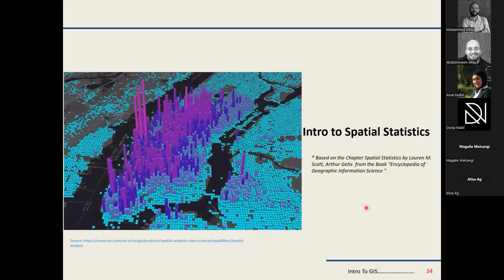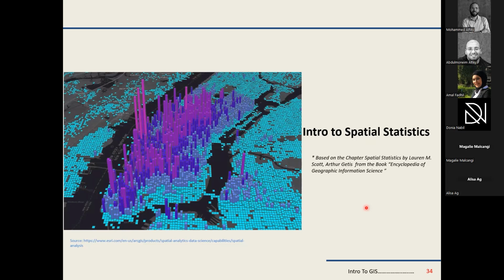So what we're talking about right now is spatial statistics. We can consider spatial statistics a special branch of statistical analysis. We use it as a tool to characterize the distribution of events across space.